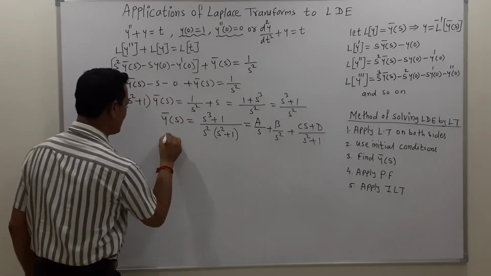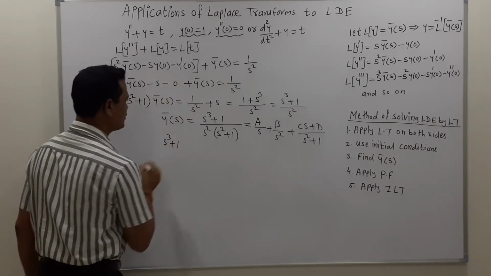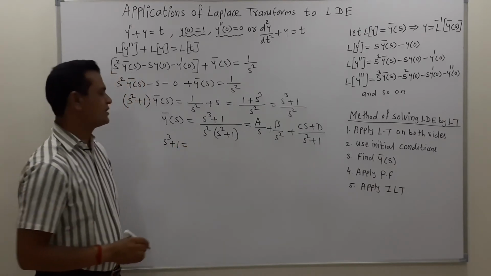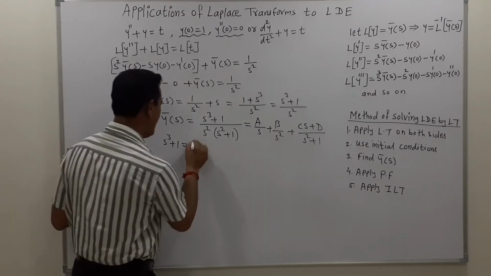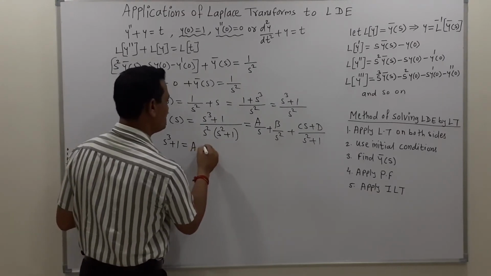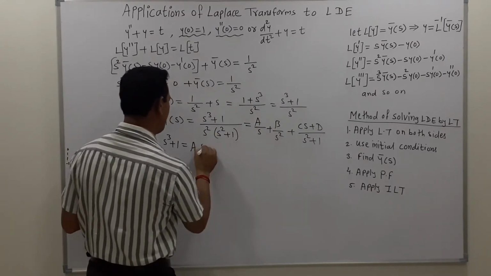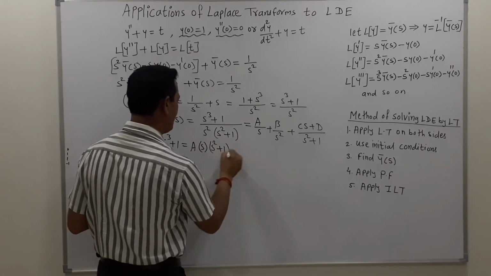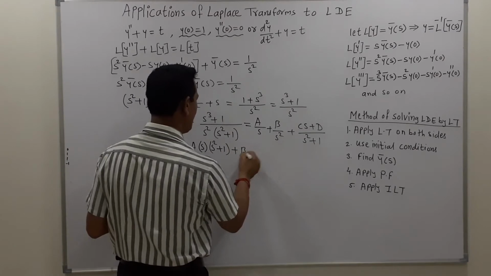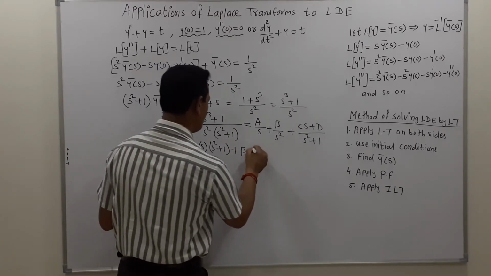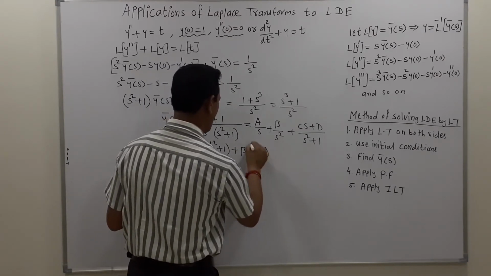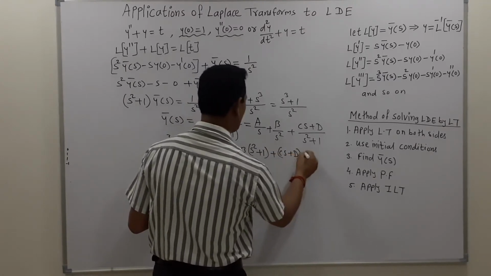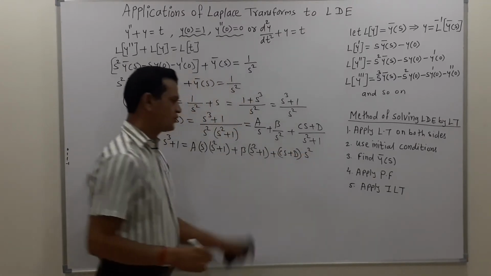So according to this method, we write this as s cube plus 1 is equal to a into, if we take this to the other side, then we get this as a into s, then s square plus 1, plus b into s square plus 1, plus cs plus d into s square.